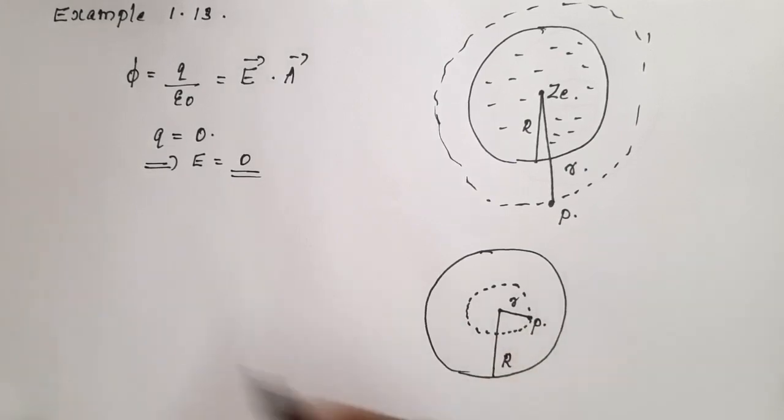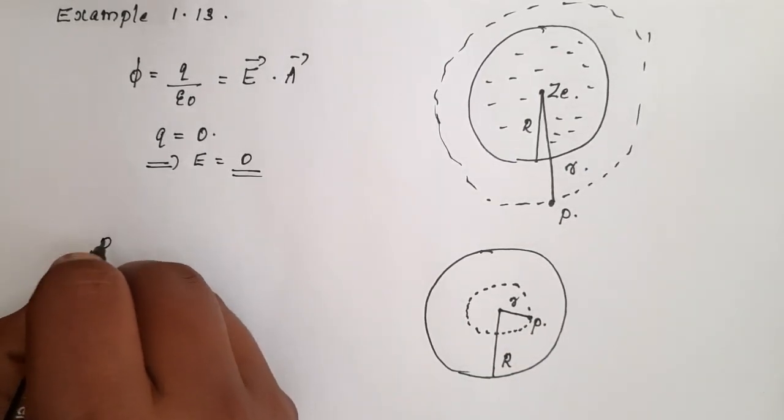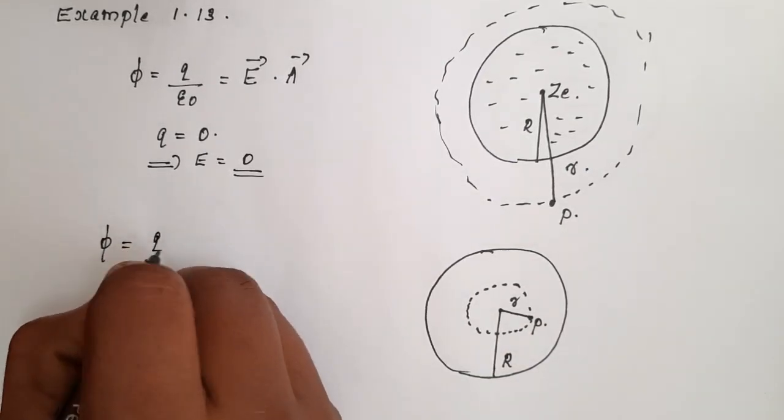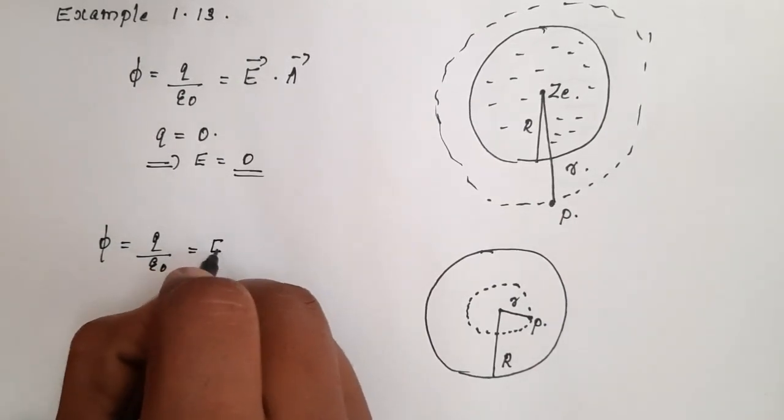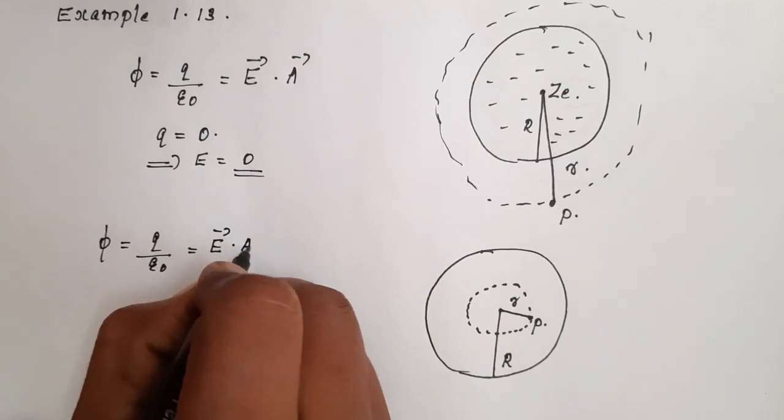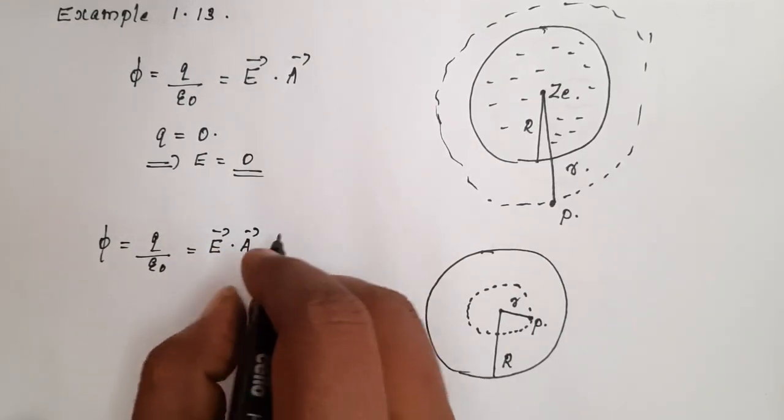As per Gauss's law, we write the same equation: phi equals q by epsilon 0, which is equal to E dot A. How to find E dot A here?